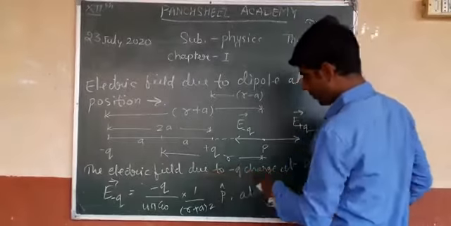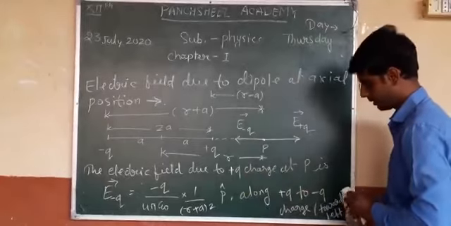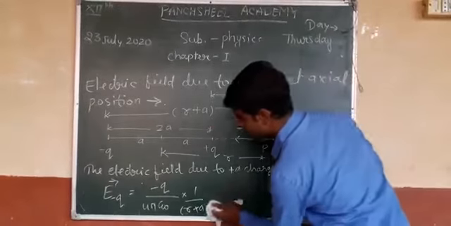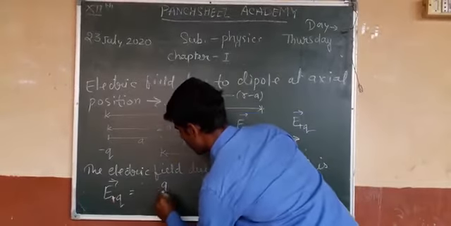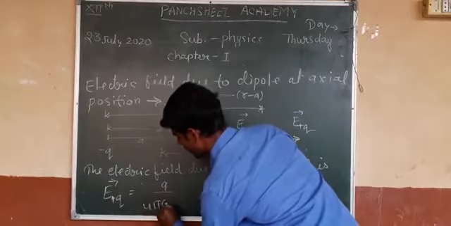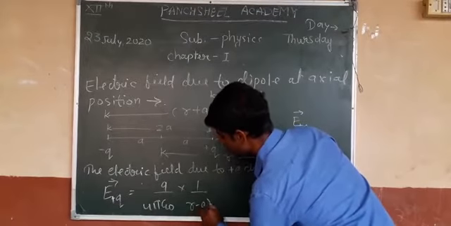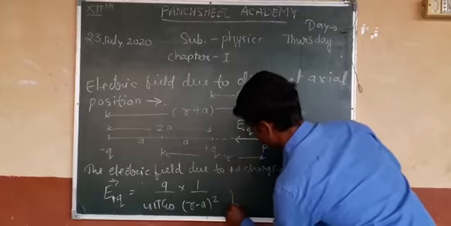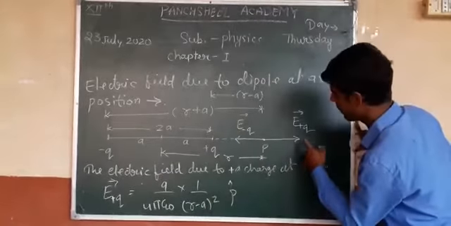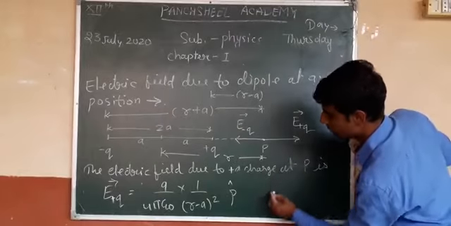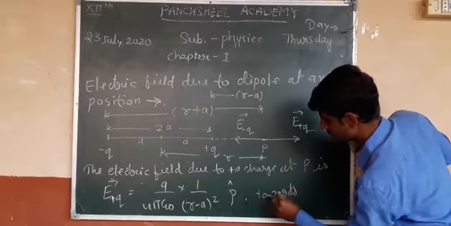So the electric field due to the plus q charge at point P: I write here q upon 4 pi epsilon naught into 1 upon (r minus a) whole square, P cap, and the direction of the electric field due to the plus q charge is towards right.